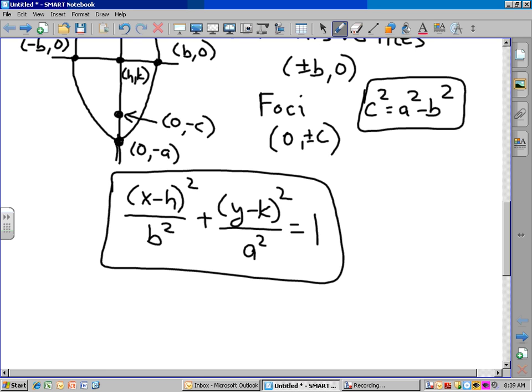It's not really that big of a difference. Any questions on those two? So you got the idea of what an ellipse is, all its different parts. I want to do 2 examples, and then we'll call it a day. Everybody ready for them? Anybody not ready?